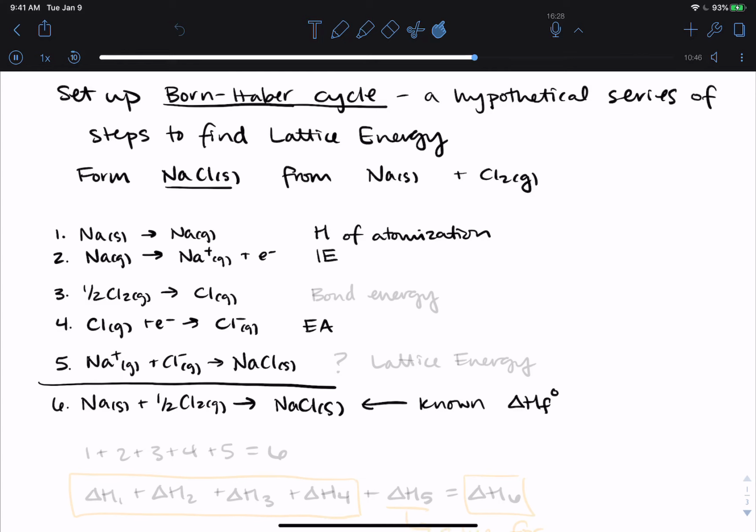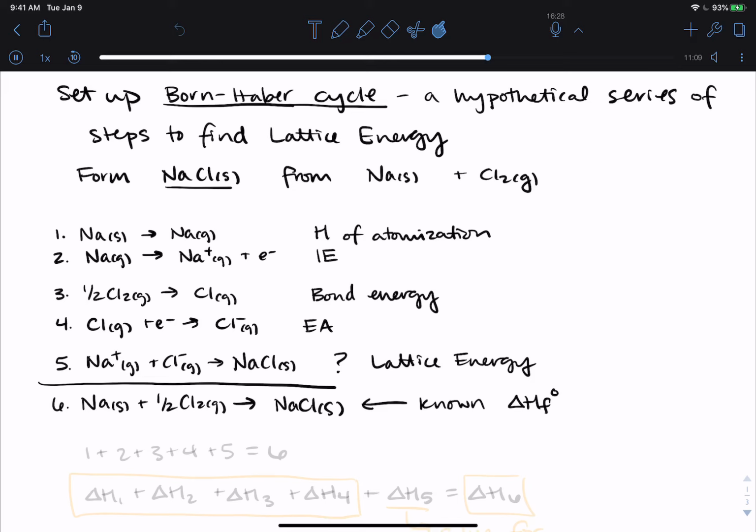This chlorine, it's just breaking the bond. We can actually look up something called the bond energy, and we're going to look at in the video right after this how we can also use bond energies. It's this step that's the question mark, and it's this step that represents the lattice energy for sodium chloride.